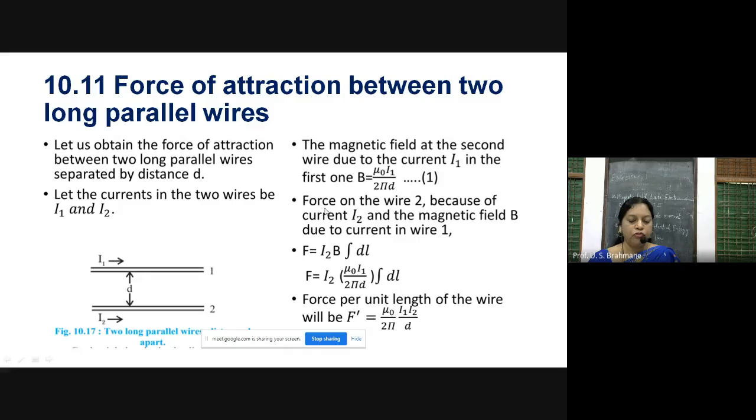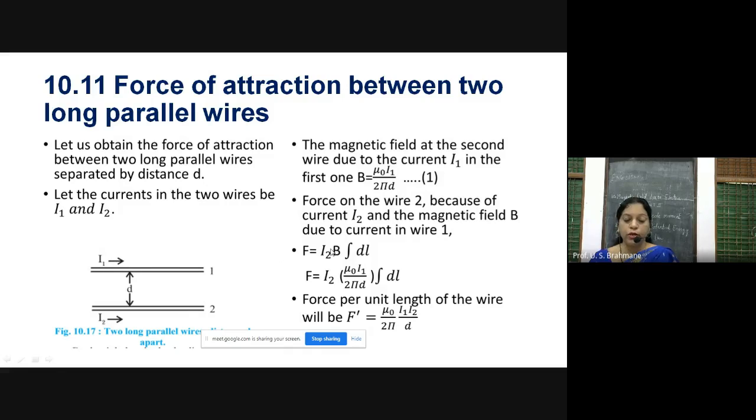Then the force on wire 2 because of current I2 and the magnetic field B, which is due to the current in wire 1.